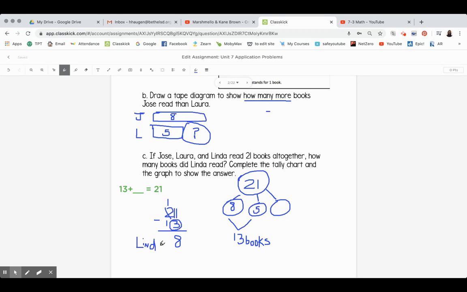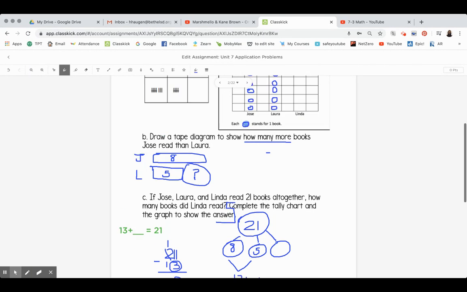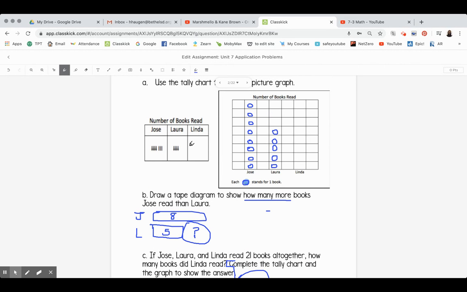Now, I'm not done because the directions said to complete the tally chart and the graph. So I need to take Linda's 8 and I need to give her 8 tally marks. There's 5, 6, 7, 8. Then I need to give her 8 circles in the picture graph. Go ahead and do that.